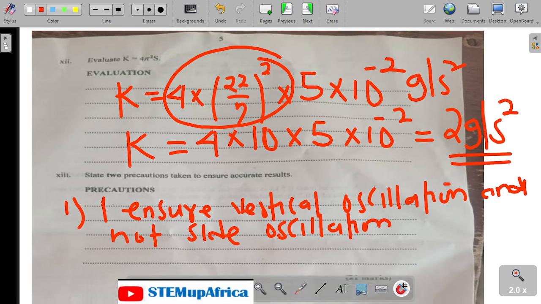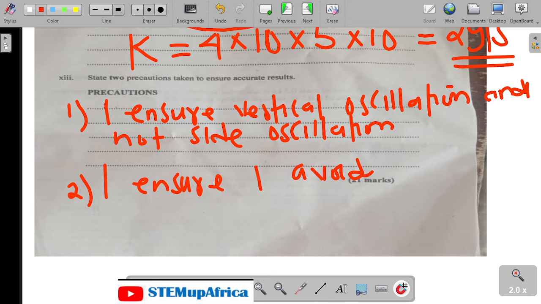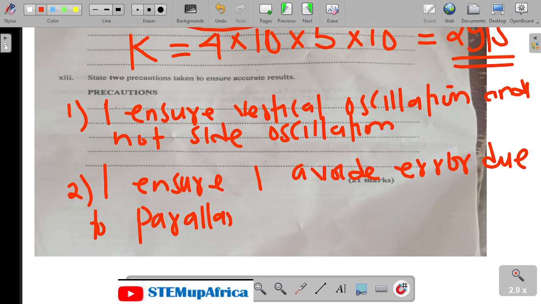Then 2, you can write and ensure, this is the most common one for all students, and avoid error due to parallax. Just stop there. Where do you avoid the error?